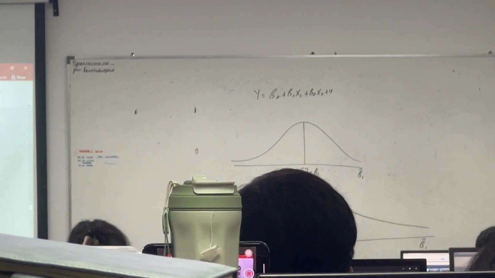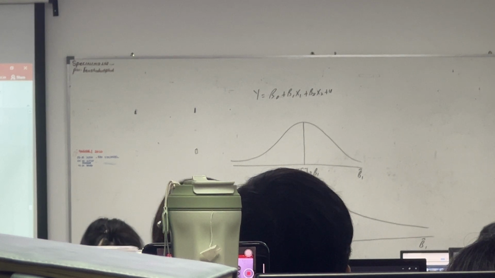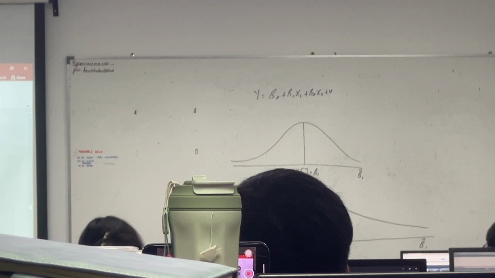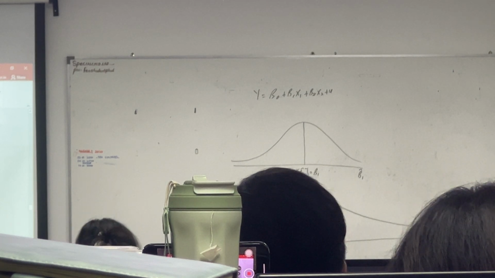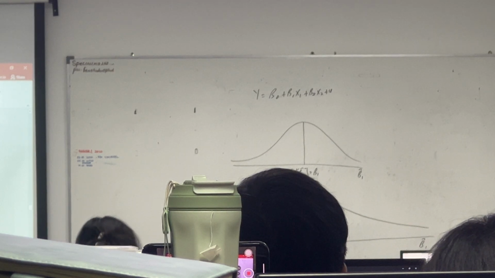So there are a number of things you have to check after you estimate. You have to check whether it is significant or not, and then check whether the sign of the estimate is consistent with what we expect. If we expect positive but we get negative, then you need to do something. You cannot ignore the problem.